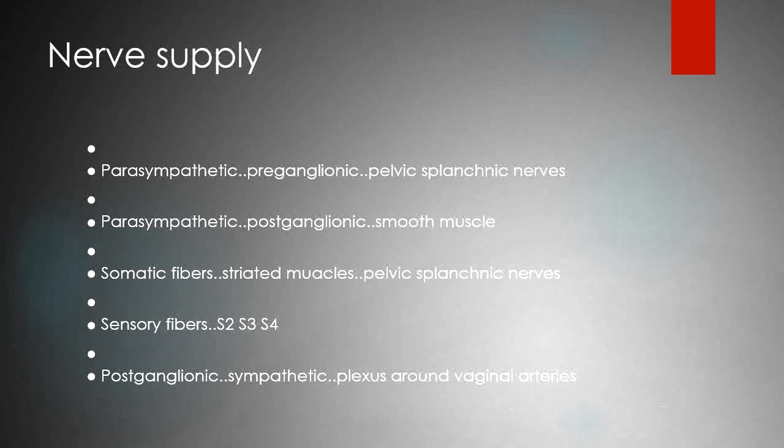The somatic fibers from S2, S3 and S4 segments reach the striated muscles, and the sensory fibers in the pelvic splanchnic nerves reach the S2, S3 and S4 spinal segments. Postganglionic sympathetic fibers arise from the plexus around the vaginal arteries.